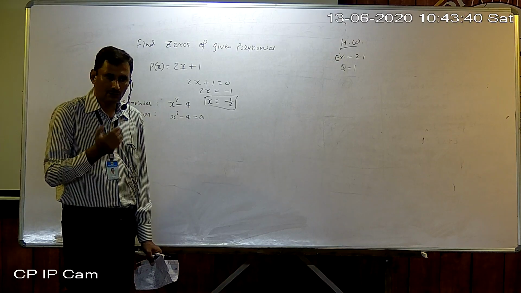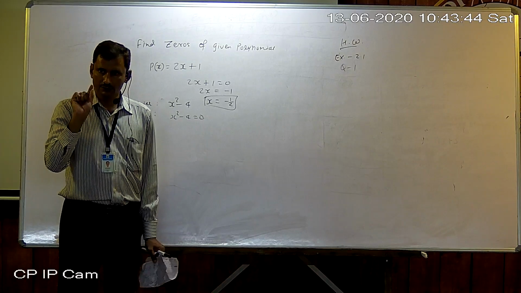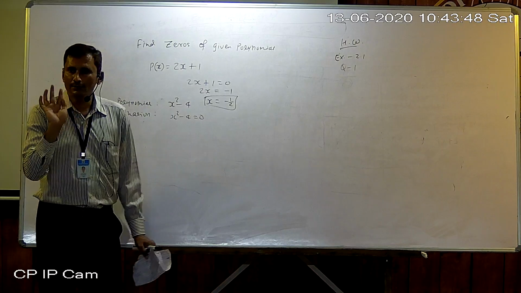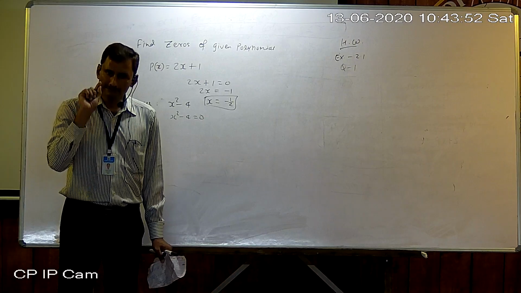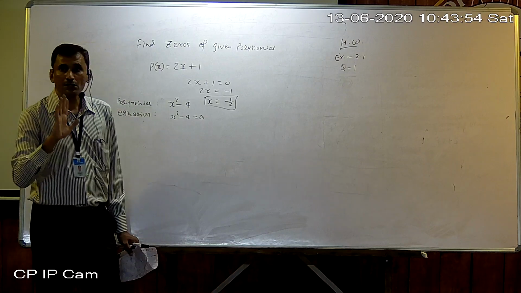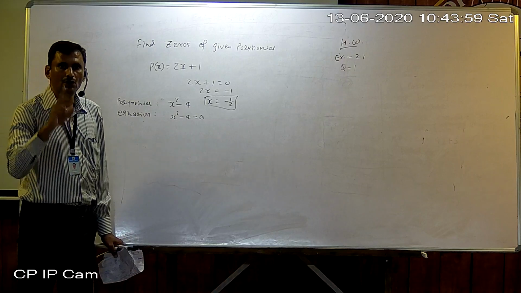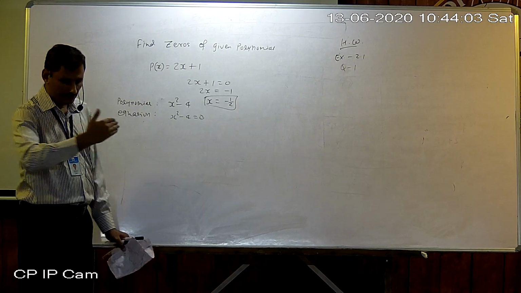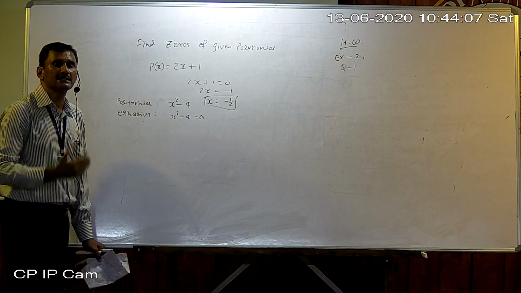A linear polynomial has 1 and only 1 zero, always fixed. A quadratic polynomial has maximum 2 zeros, meaning either no zero, or 1 zero, or 2 zeros. A cubic polynomial has either no zero, or 1, 2 or 3 zeros, but never more than 3. So according to degree we give the maximum number of zeros, but not the exact number.